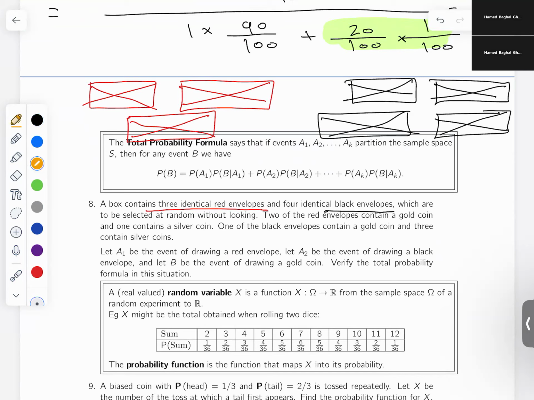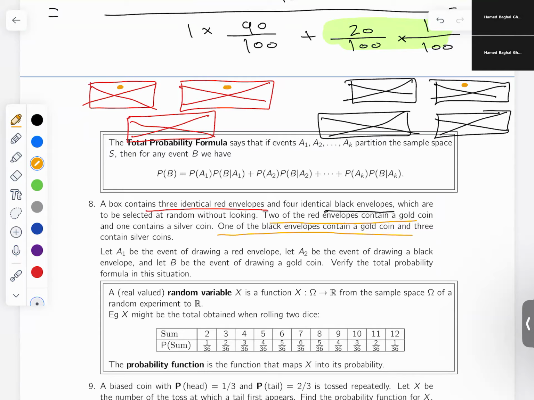In two of them, there are two gold coins. And one of the black envelopes has got a gold coin.